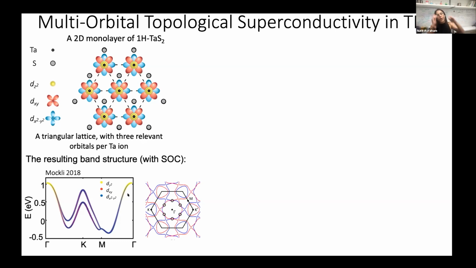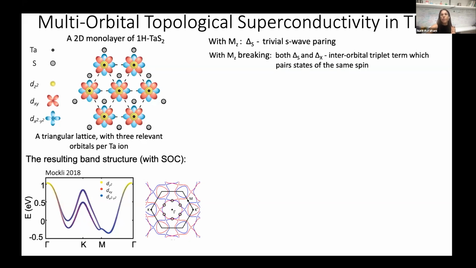Now, the question is what type of superconductivity can form in this configuration. And this really depends on the symmetries of the system. It turns out that if mirror symmetry exists, then we can have only the trivial S-wave pairing, and the system can exhibit only standard S-wave superconductivity.